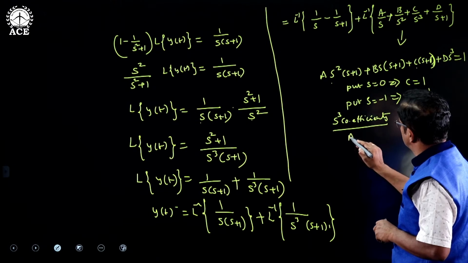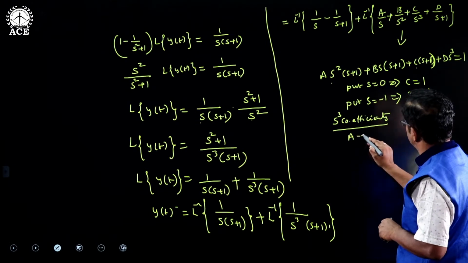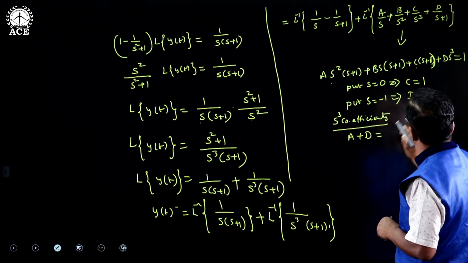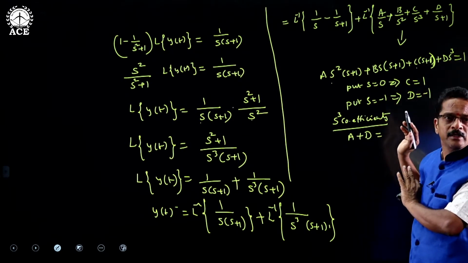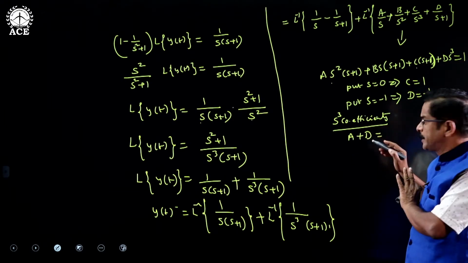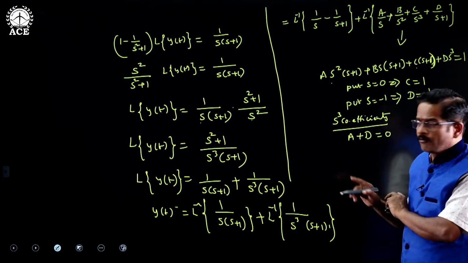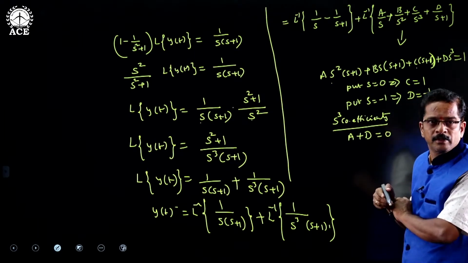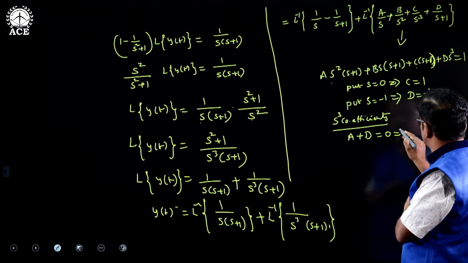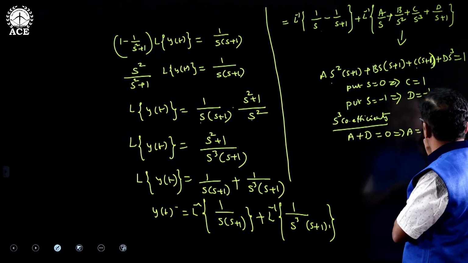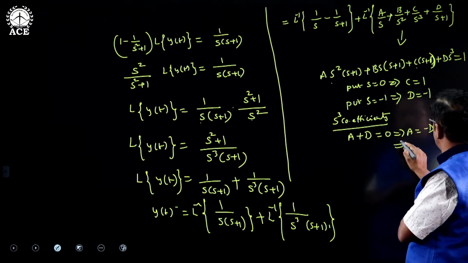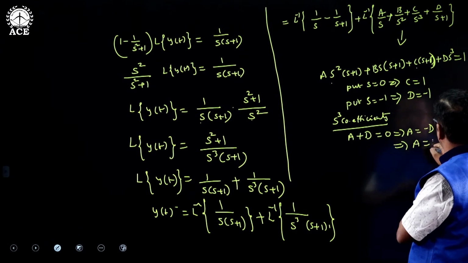A and d we have. But on the right hand side we only have one, the s cube term is not there, so we take it as 0, where d is equal to minus 1. So a equals minus d, so a equals 1 we get.